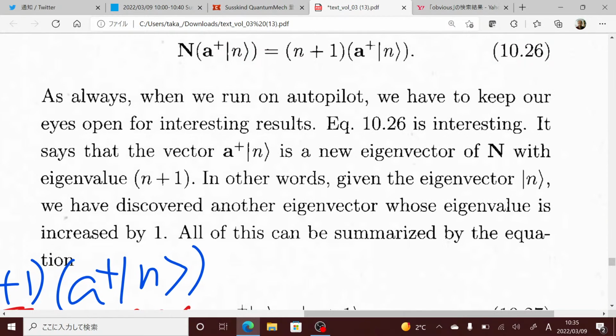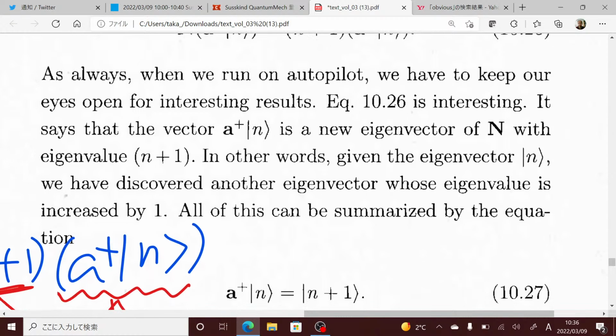As always, when we run on autopilot, we have to keep our eyes open for interesting results. Equation 1026 is interesting.